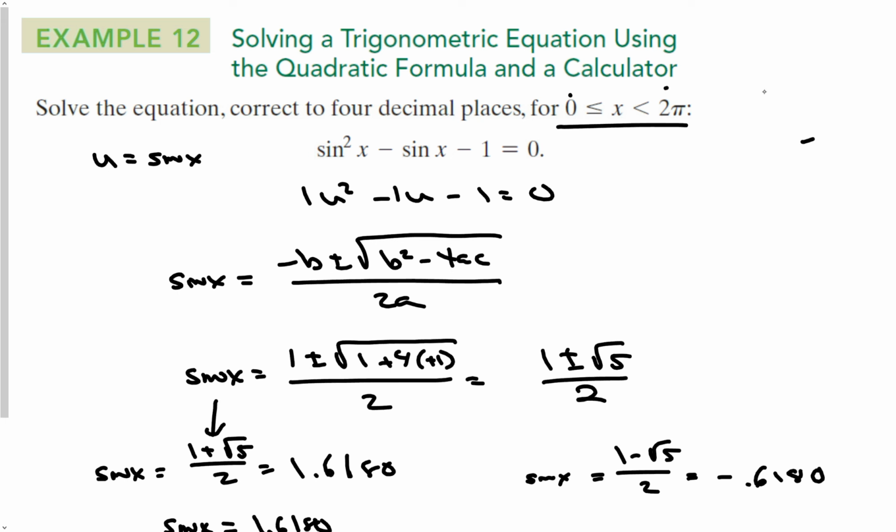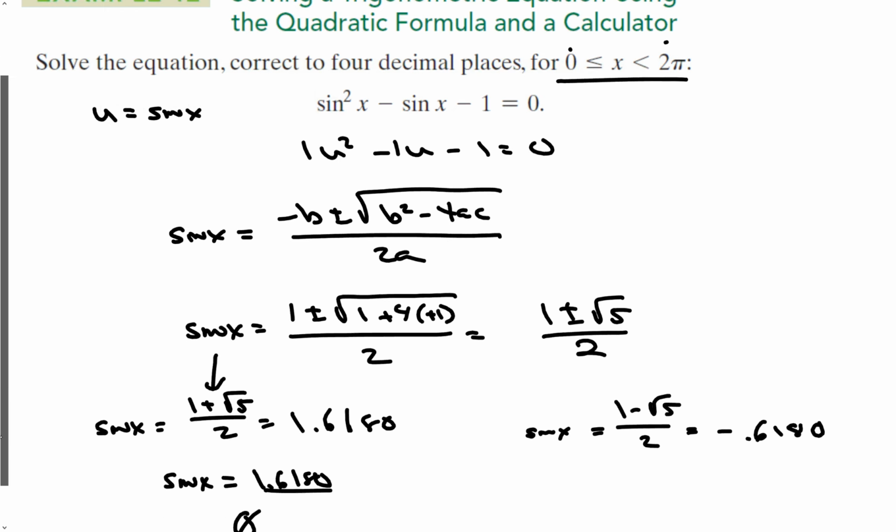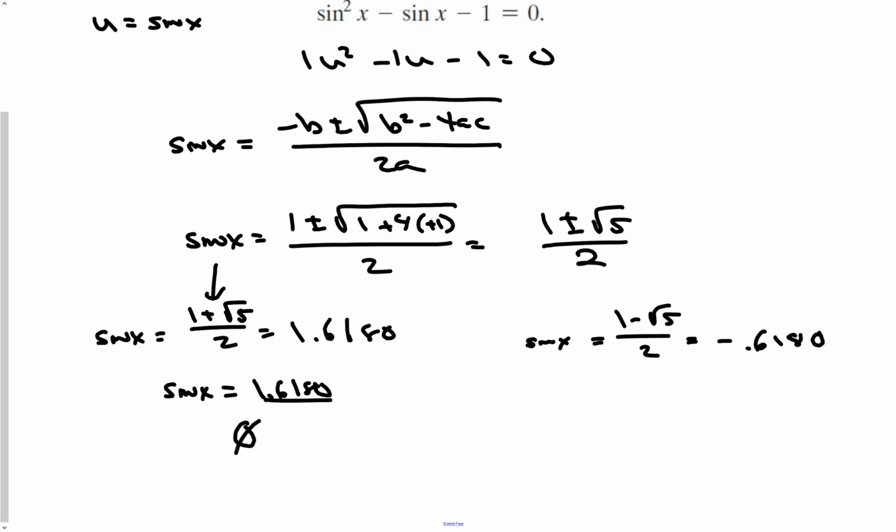So plugging this negative number into your calculator to get the inverse sine doesn't make a whole lot of sense because it doesn't give me what we want. With cosine, it was different because the domain of the inverse cosine is in the first and the second quadrant. So that one did work.